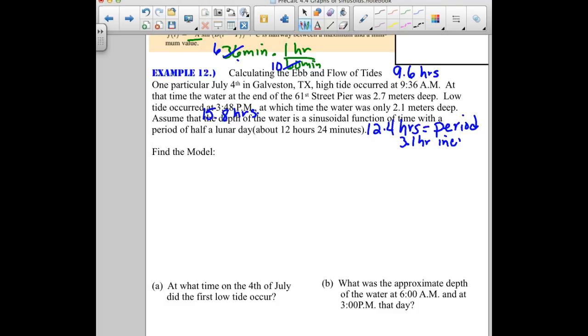What's my low tide? 2.1 meters. My high tide is 2.7 meters. So I am ranging between 2.1 and 2.7. Yes? Okay.